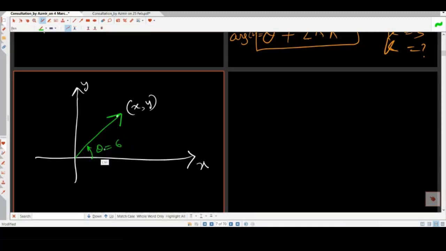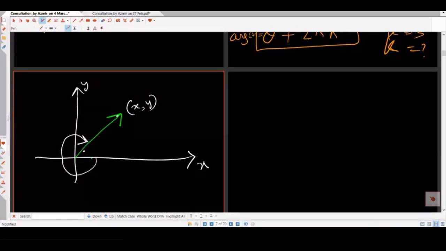So instead of coming from counterclockwise direction, we want to come from clockwise direction. So here we are coming from clockwise direction, so we are getting the angle. So that angle can be found if we subtract 60 degree from 360 degree, that is negative 360 degree.